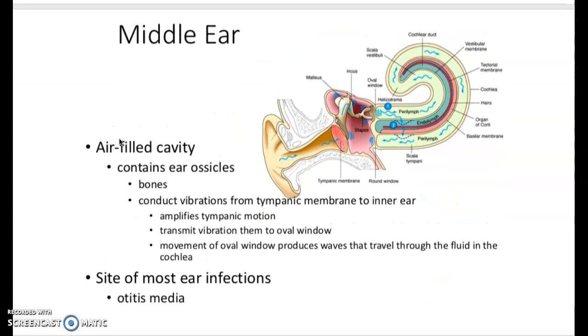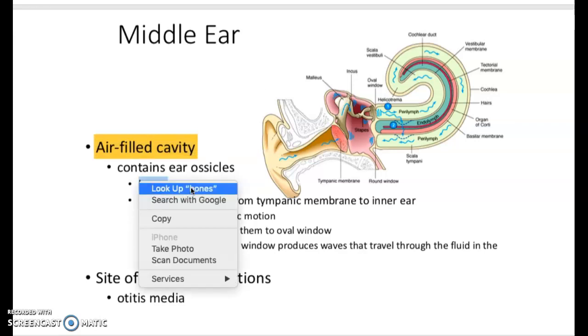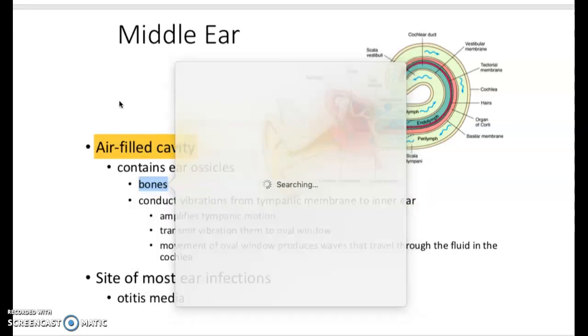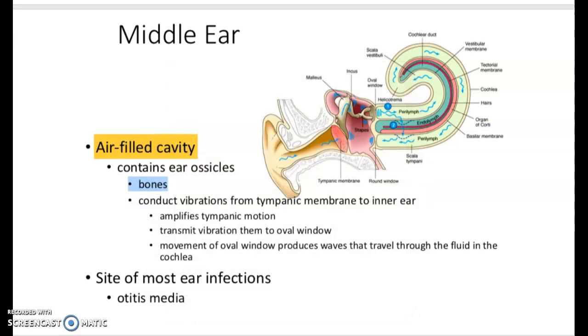So in the middle ear, it's basically air. There are the little bones in here, the malleus, incus, and stapes. And basically what they do is they vibrate. So sound comes in and it hits your tympanic membrane, which is your eardrum, which vibrates.